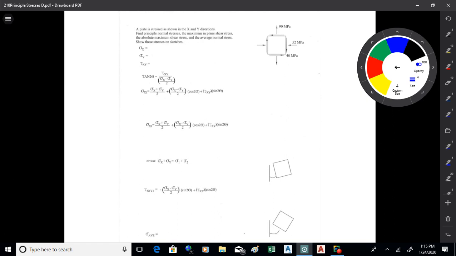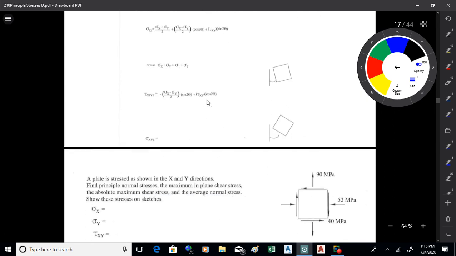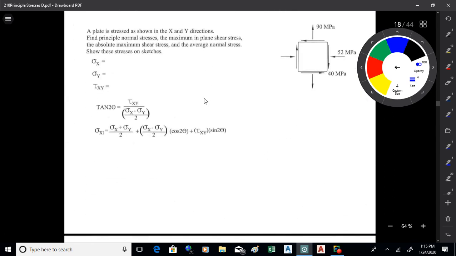We're on page 357. Let's say we've done the numbers here and we know the x and y stresses are as shown. Let's figure out the principal stresses, which are the max and min in-plane stresses, and find the maximum in-plane shear stress on that element.